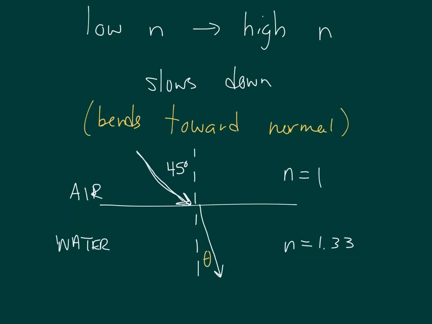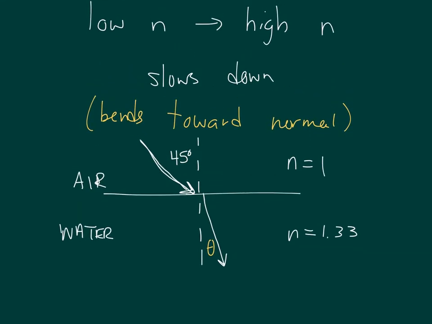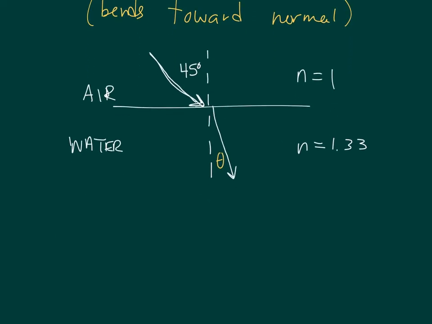But before we do that, let's write down Snell's law so we can understand mathematically how we're going to be questioned in this section. Snell's law tells us the following: Ni sine theta I equals Nr sine theta R. What does the I stand for in Ni and sine theta I? Incident.